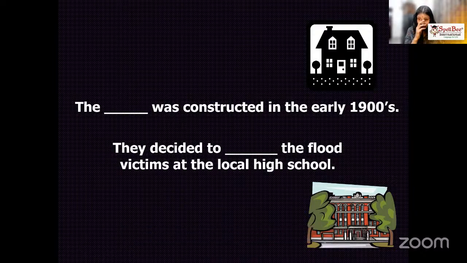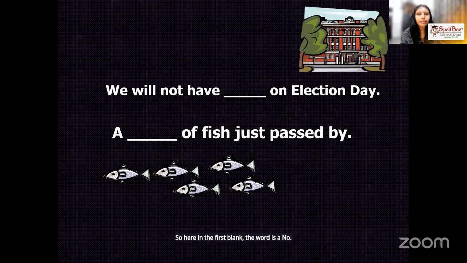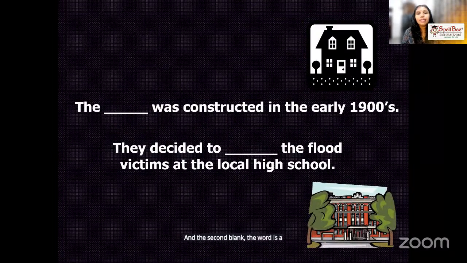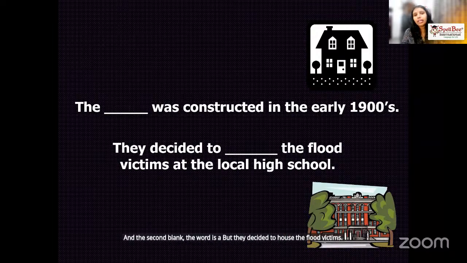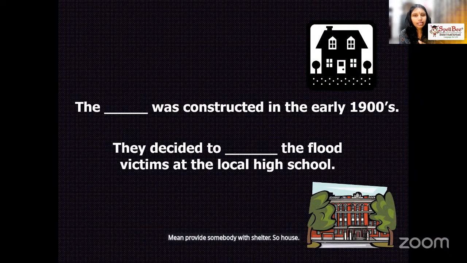So here in the first blank, the word is a noun. In the second blank, the word is a verb. They decided to house the flood victims, meaning provide somebody with shelter. So house, in the first blank, is a place.